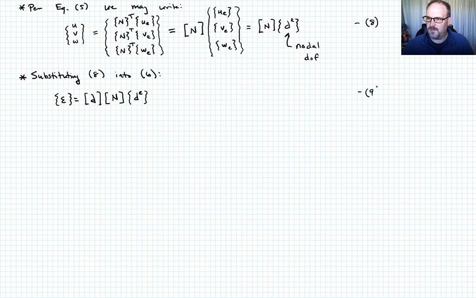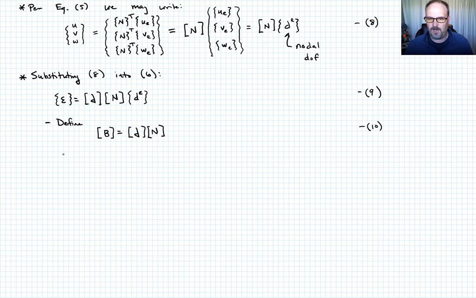Let's call that equation 9. Now I'm going to further introduce some definitions. So I'm going to define what del operating on N is. And I'm going to define that as B, capital B, is going to be equal to del times N. Okay? I'll call that equation 10.